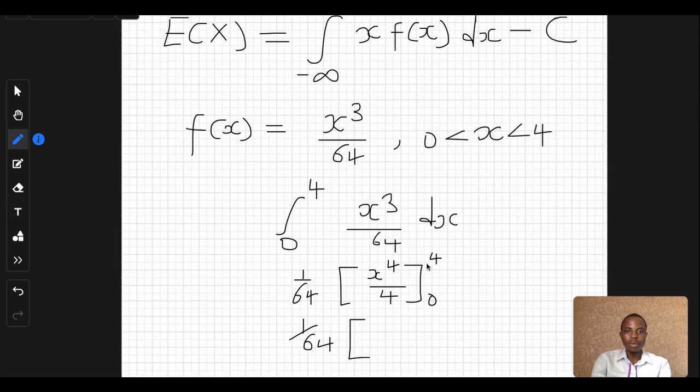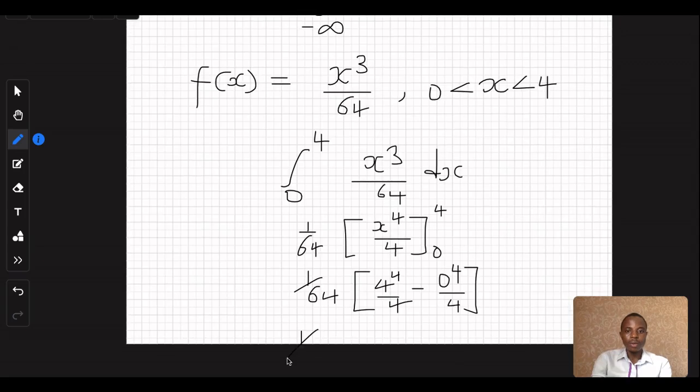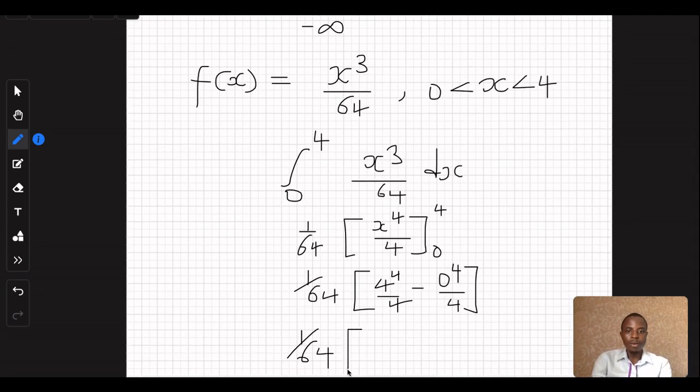So 4 raised to the power of 4 divided by 4. When I substitute 0 also, I'm going to have 0 raised to the power of 4 divided by 4. And when we do that, we'll have 1 over 64 times 4 raised to the power of 4 over 4, so it becomes 4 raised to the power of 3, minus 0.